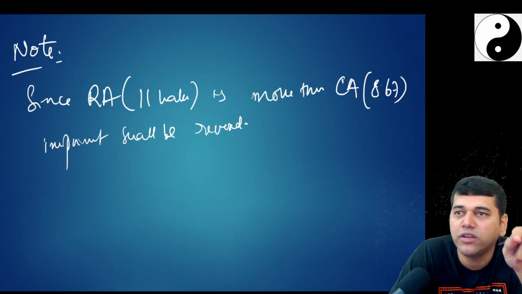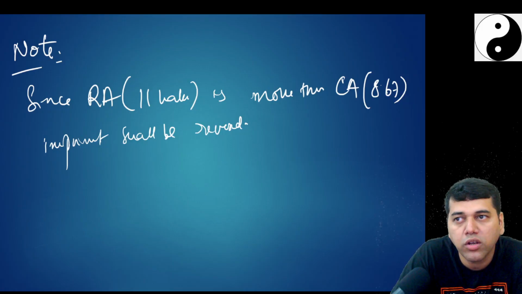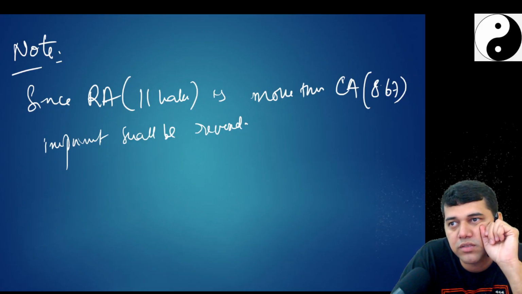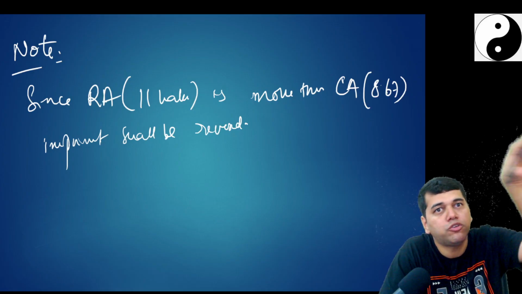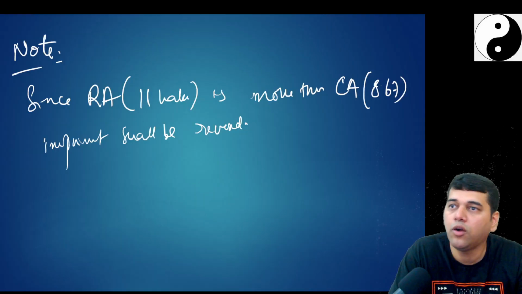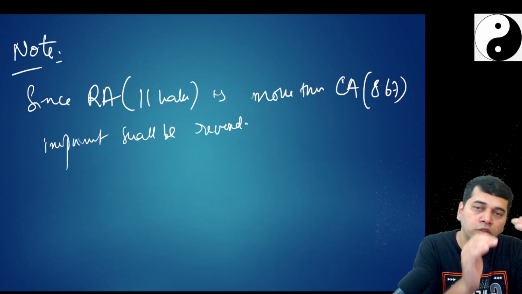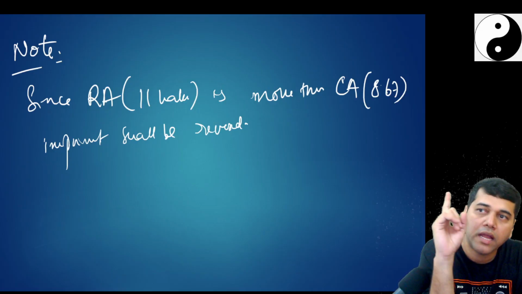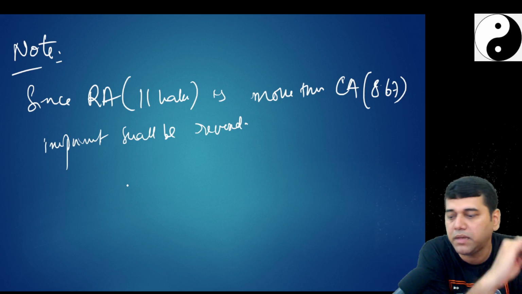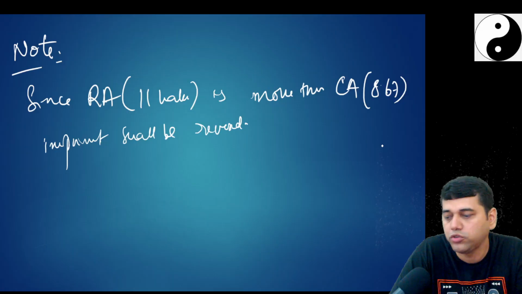If you don't calculate this 8.67, how on earth do you know that impairment will be reversed? If you look at individual items' book values, how do you know that impairment has to be reversed? That's why you find out, taken together, what is my book value and what is your recoverable amount, you check.